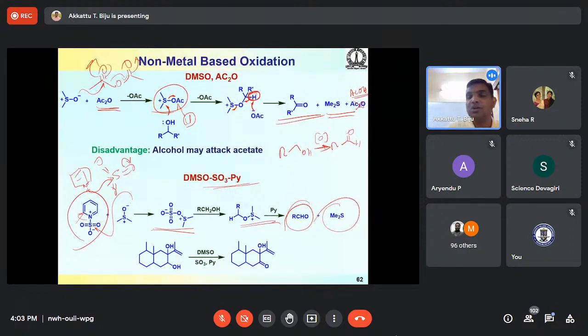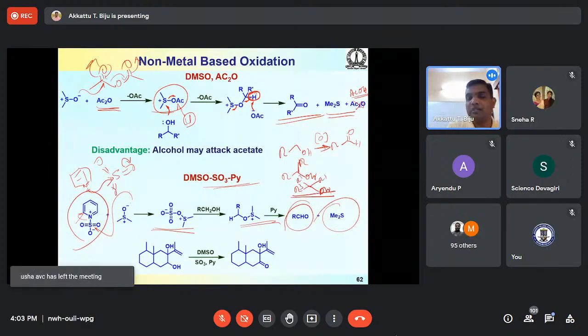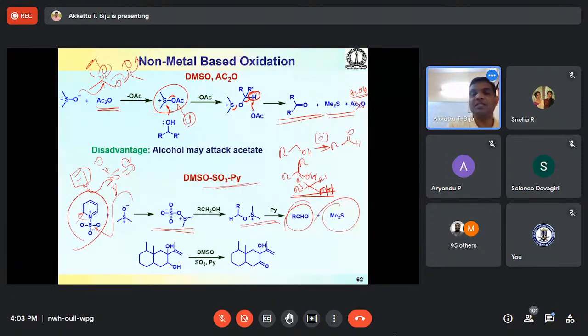So we can apply this to a secondary alcohol, but we cannot apply this strategy to a tertiary alcohol, R1, R2, R3, because this tertiary alcohol will not undergo Swern or any type of oxidation because of the absence of this C-H proton, which is responsible for the final elimination.